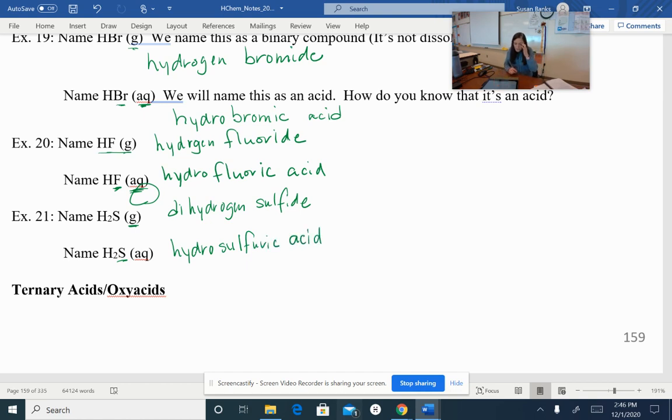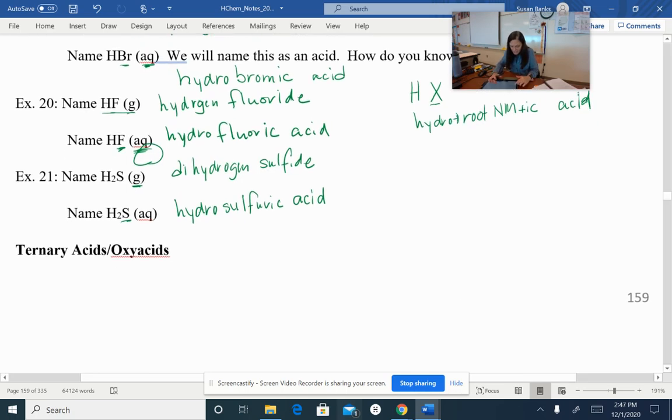So hydrosulfuric acid. How'd you do on that? Okay, so remember, for binary acids where we have hydrogen bound to a nonmetal, we have hydro, the root word of that nonmetal, we add on ic, and then we add on the word acid. Okay?